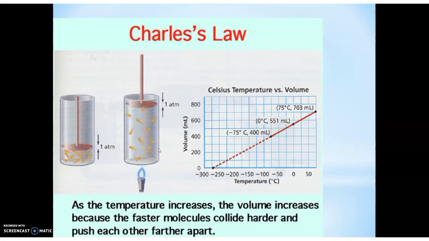It is the graphical representation of Charles' law. As the temperature increases, the volume also increases, because, as we have seen in the PhET simulation, the movement of particles increases, thus the volume also increases.